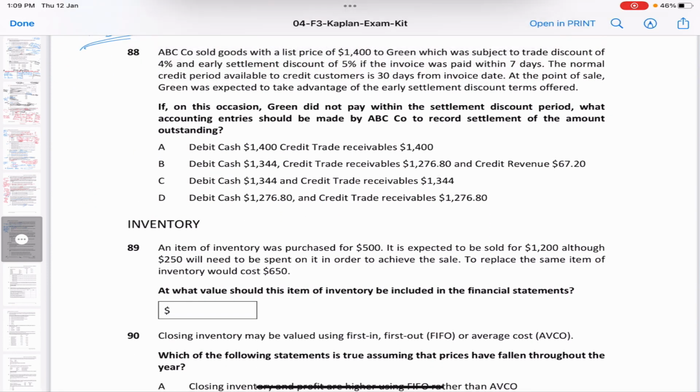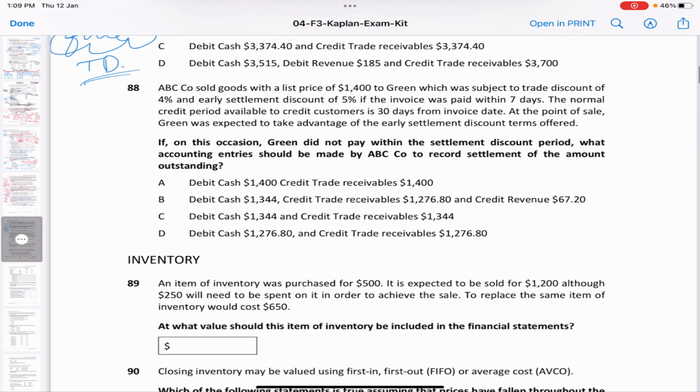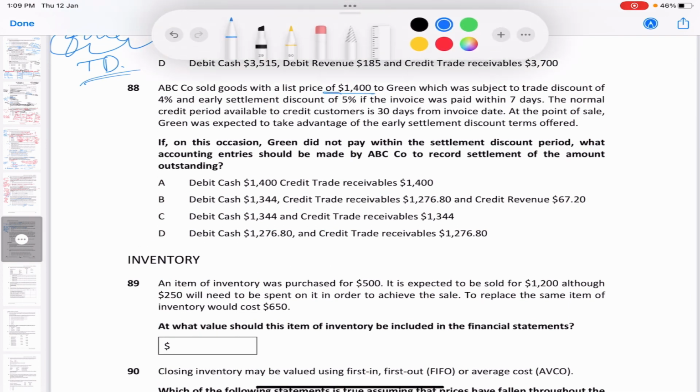ABC company sold goods with a list price of 1400 to Green, which was subject to trade discount of 4% and an early settlement discount of 5%. At the point of sale, Green was expected to take the discount. On occasion, Green did not pay within the settlement discount period. So in this case, what was the invoice?